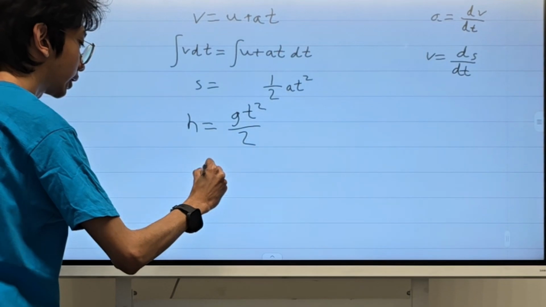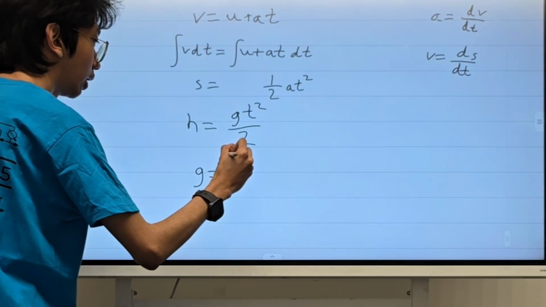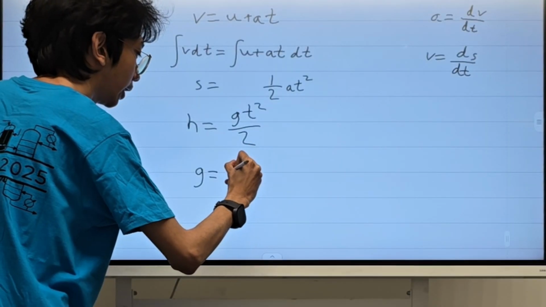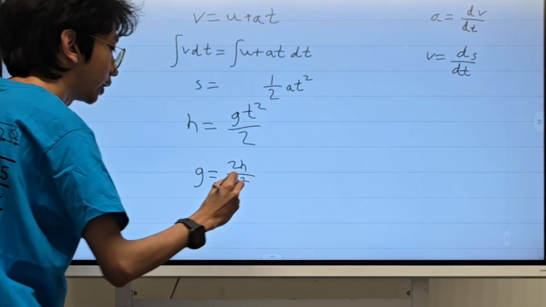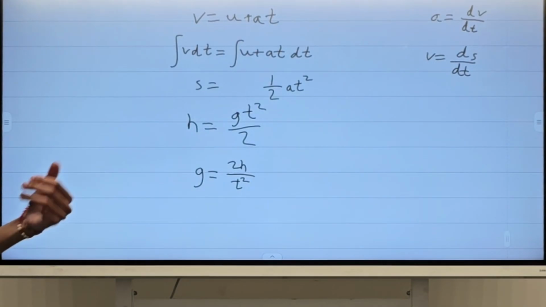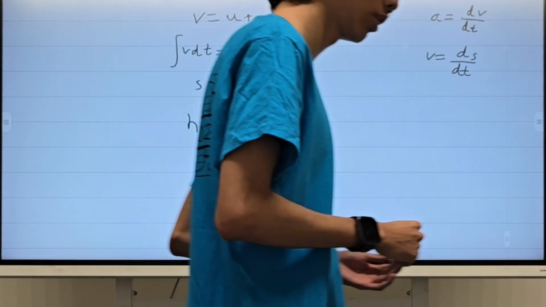Rearranging this, we finally get g is equal to 2h over t squared. And there we have it. This is how we're going to find gravity.